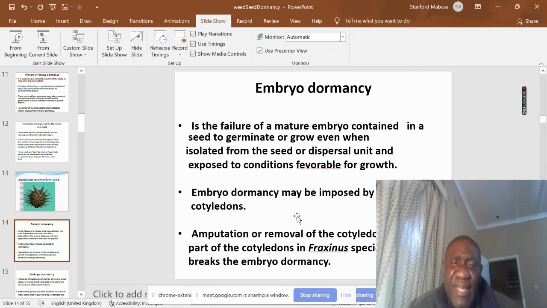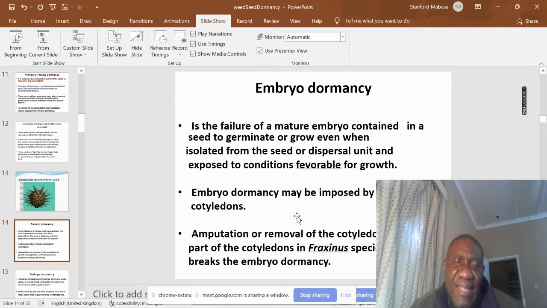So this kind of dormancy may be imposed by cotyledons. So if you want the seed to germinate, you may have to remove one of the cotyledons or a part of the cotyledons.